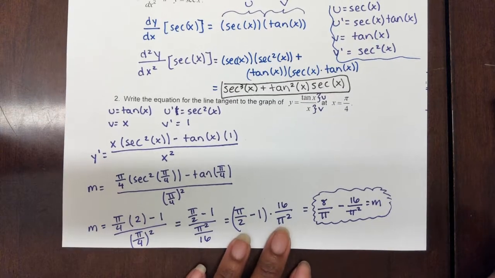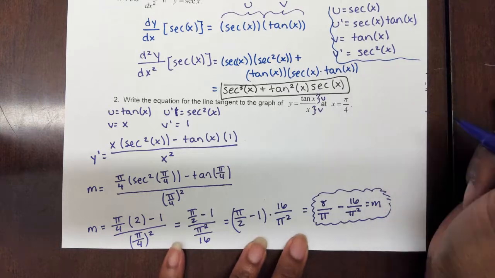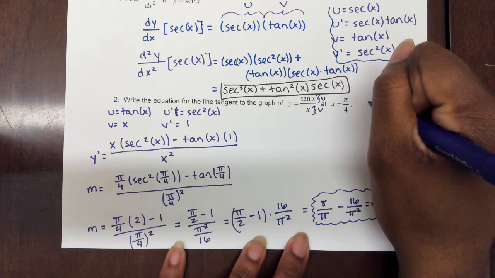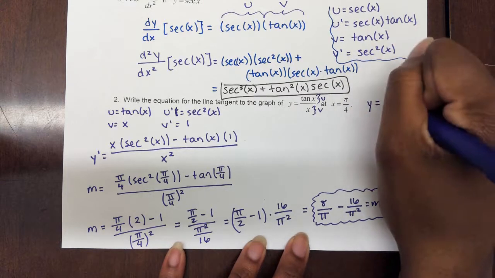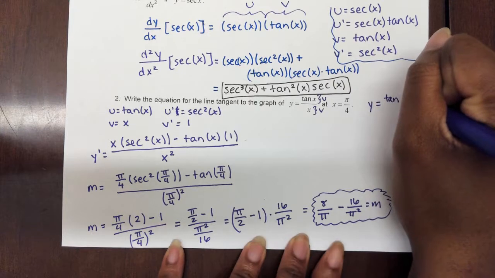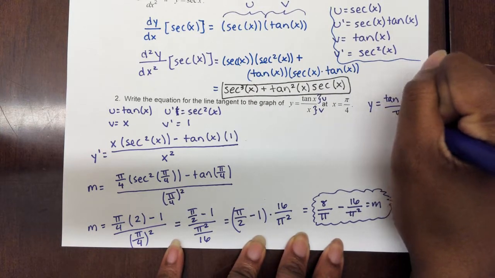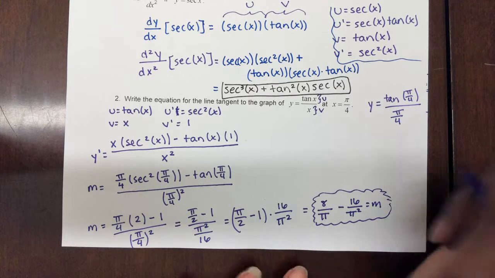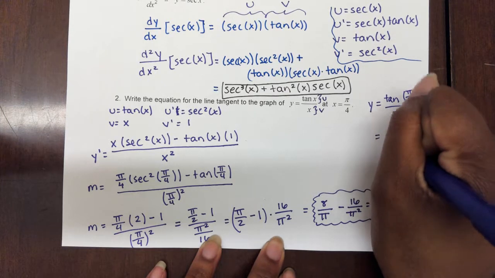And to write my equation, I know my x is pi over 4. My y is going to be the tangent of pi over 4 over pi over 4, which is equal to 4 over pi.